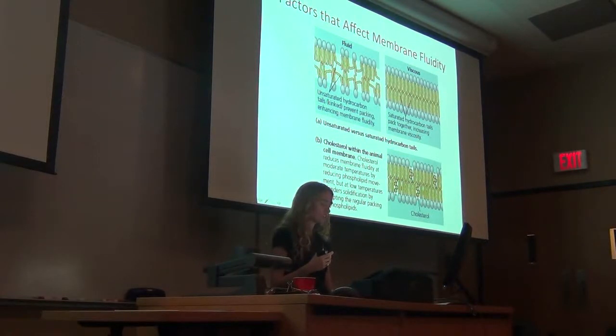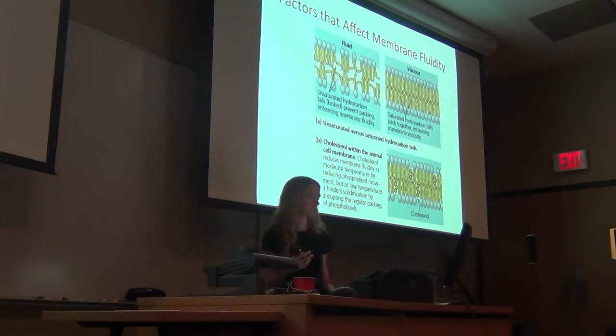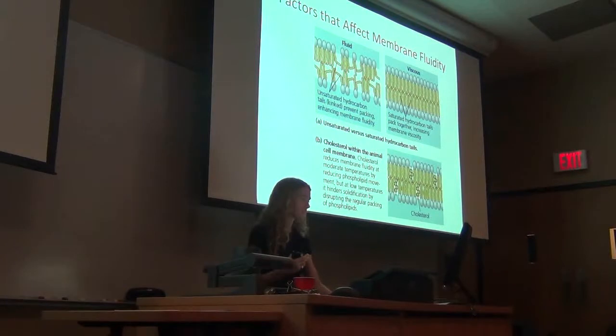And here are the cholesterol molecules, which are, remember, these bent, kind of planar structures, the rings. We insert them into the space between the phospholipid hydrocarbon tails. They really reduce phospholipid movement and also disrupt that regular packing structure.